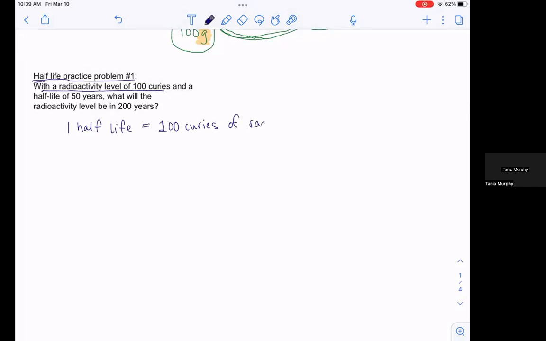So every time this particular substance undergoes a half-life, 100 curies of radiation is released. We see that a half-life is 50 years. One half-life occurs every 50 years.